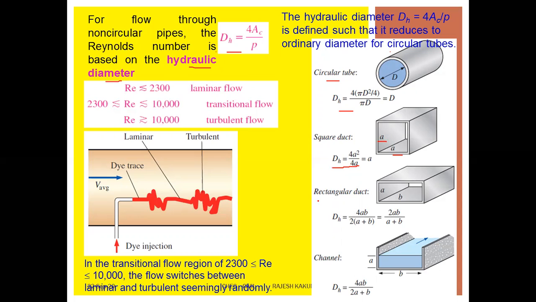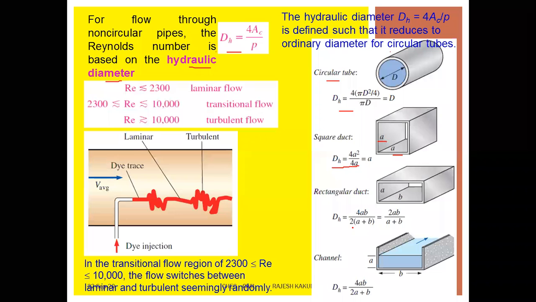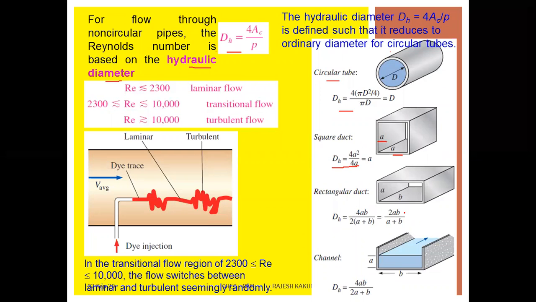Next, rectangular duct A into B. DH is equal to 4 into A into B divided by 2 of A plus B. That is equal to 2AB by A plus B. Next, the open channel, ila undanukundam.